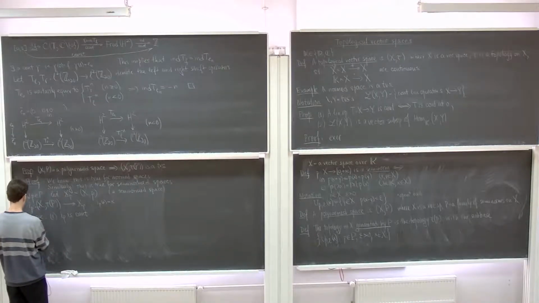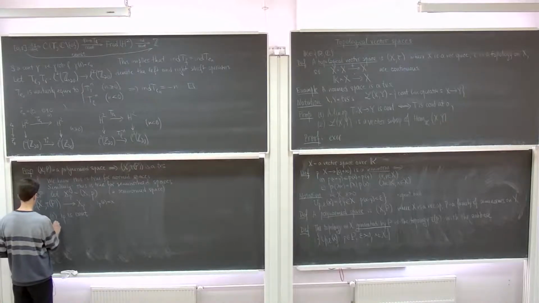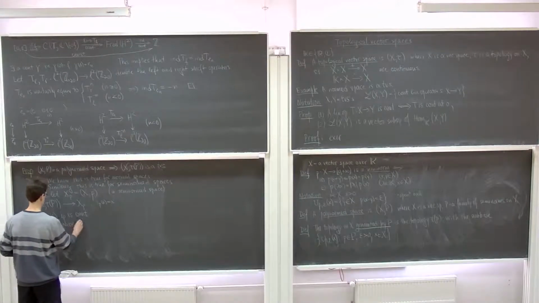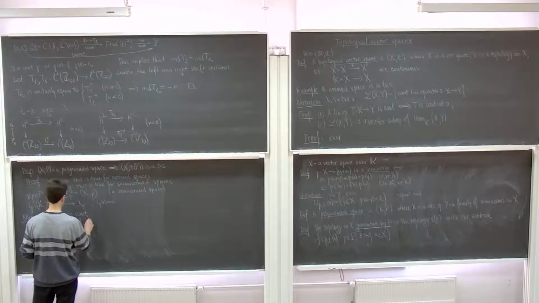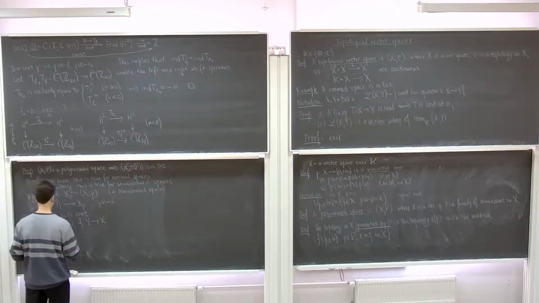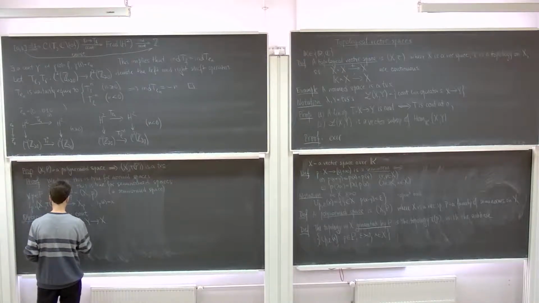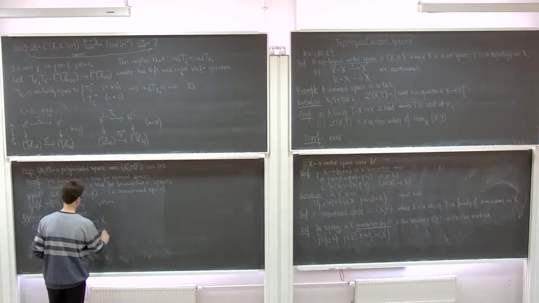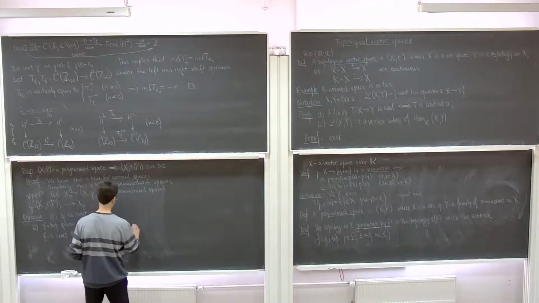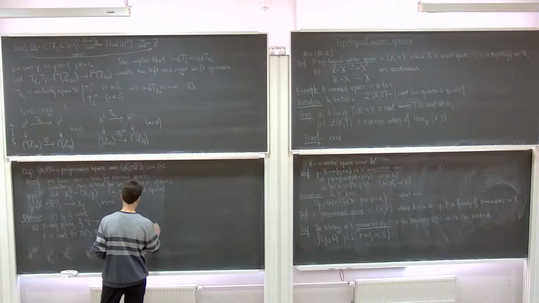And moreover, if Y is an arbitrary topological space, and f is a map from Y to X, then f is continuous for the topology tau of P if and only if I_p f, the composition of I_p and f, which acts from Y to X_p, is continuous for each p.